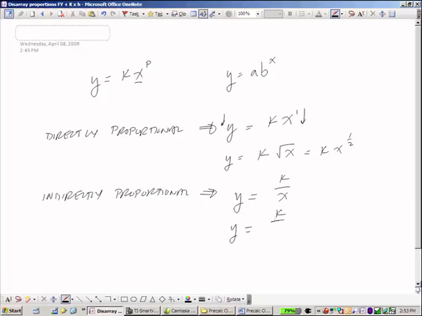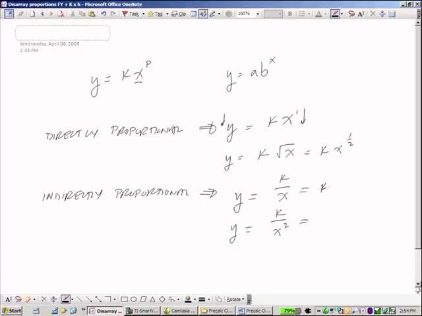We could also say that y is indirectly or inversely proportional to the square of x, or the cube of x, or something. I'm just giving you an example. But this says y is inversely proportional to the square of x, k over x squared. So indirectly or inversely means over. And these are actually both power functions.